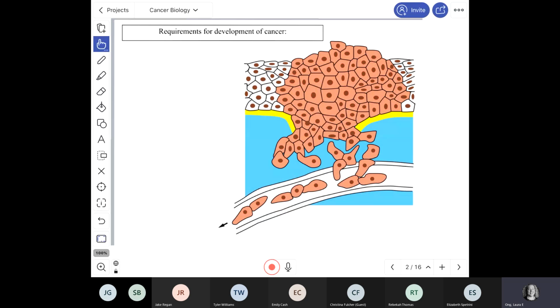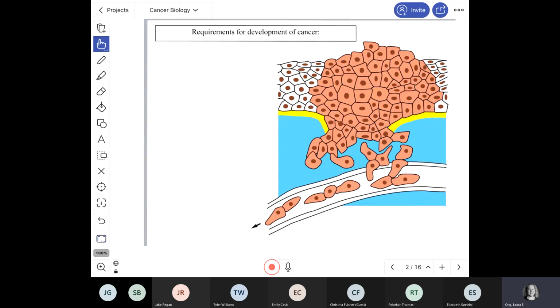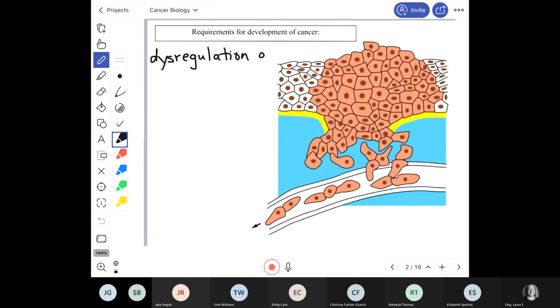So I want to use this slide to make a list of what are the major events that have to happen for an organism to develop cancer. So the first major thing that has to happen is there has to be a dysregulation of cell cycle.